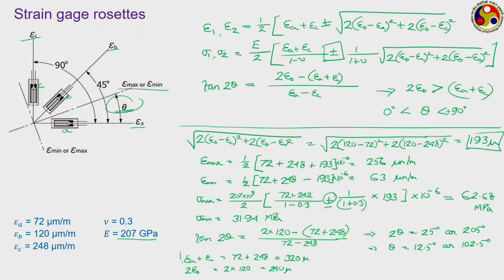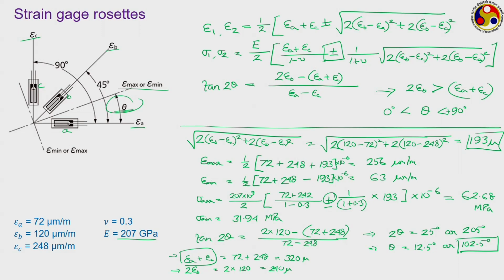Now, 320 is greater in this case. So, what does that indicate? Had twice epsilon b been greater than this quantity, theta would have lain in the first quadrant, but as it is smaller, it is not lying in the first quadrant, so the value of theta is 102.5 degrees. This is the direction in which the maximum or minimum stress is working.